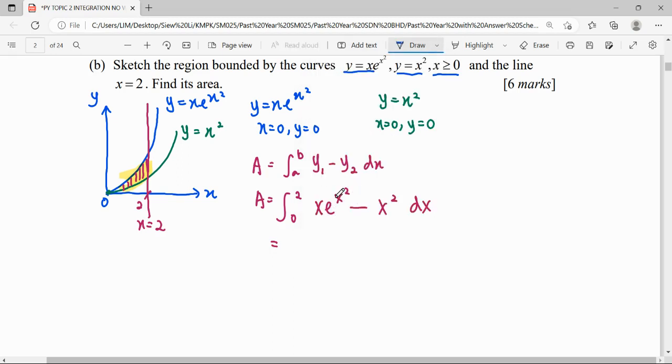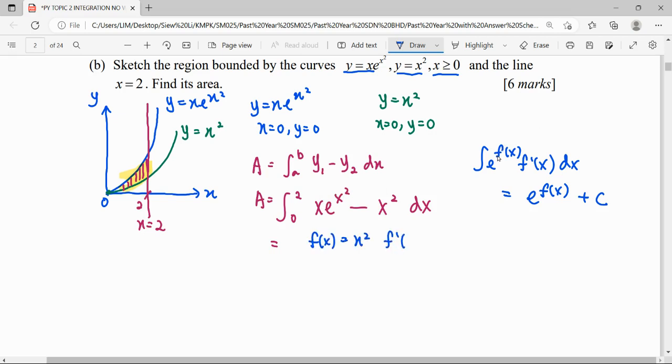To integrate e to the power of x squared, we can refer to our special formula for exponentials, where we have the pattern f'(x) e to the power of f(x). If we have a differential of the function multiplied with the exponential function, to integrate this pattern, we straight away get e to the power of f(x) plus C. We can see our power here is not linear, so it will be the function x squared.